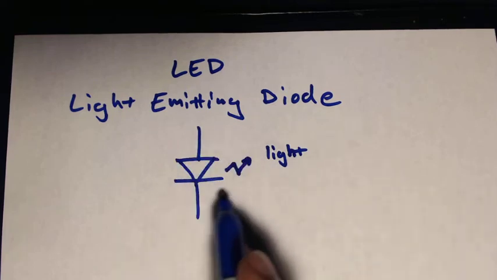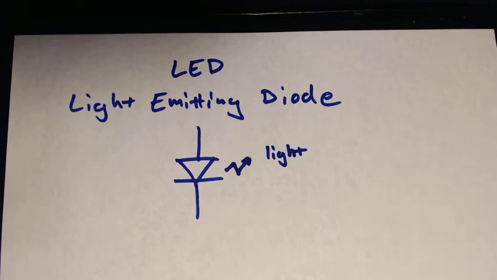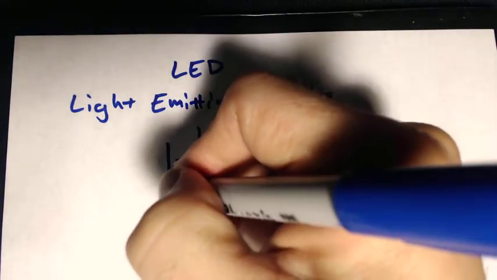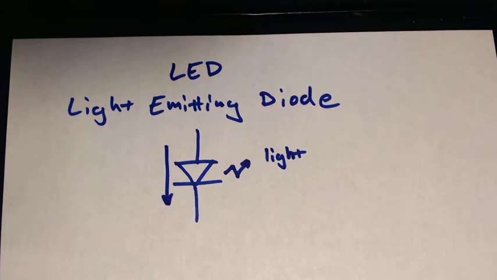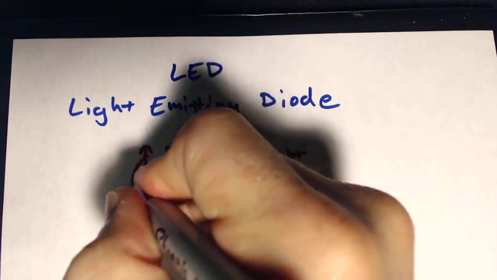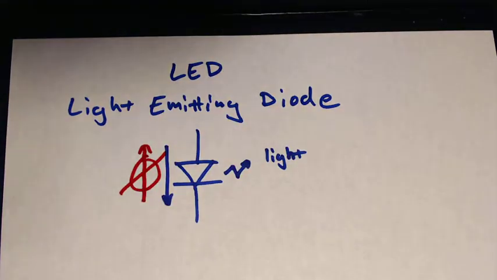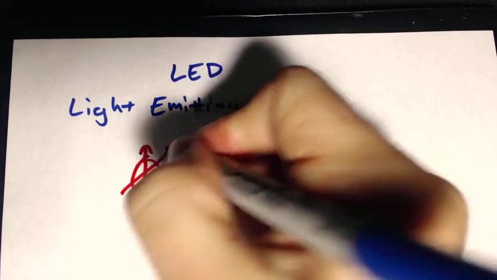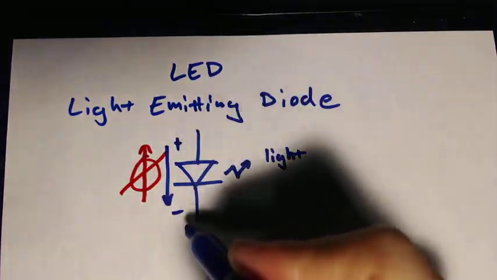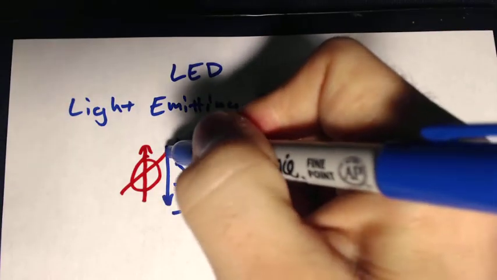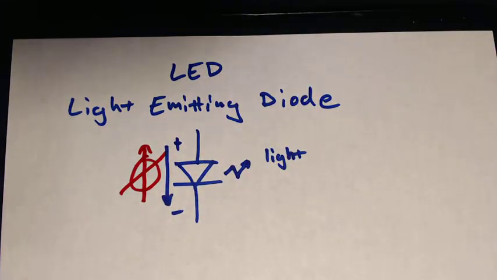But for all practical purposes, this LED is just a diode. Again, it'll only allow current to flow in that direction. It won't allow current to flow in this direction. Okay, so we need to make sure that we forward bias it and we apply our positive up here, our minus down there, and we actually cause the current to go downward through this diode.